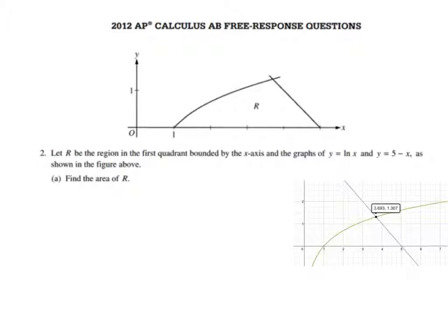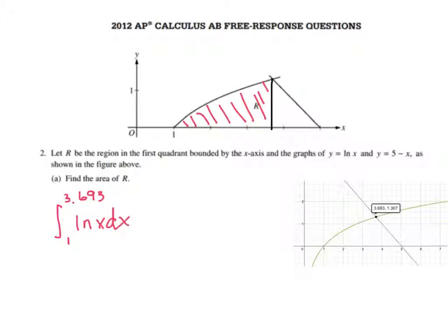Now finding the area of R, what you're going to notice here is that we could break this into two parts. Let me do a red piece here. So the red is just defined by the natural log of x, from 1 to 3.693. Using the graph that has the intersection points, we just have the natural log of x dx.